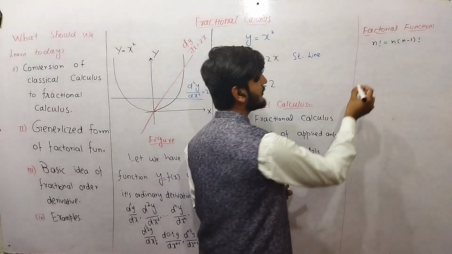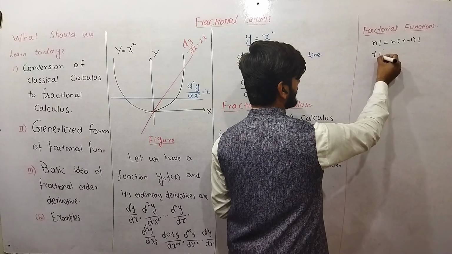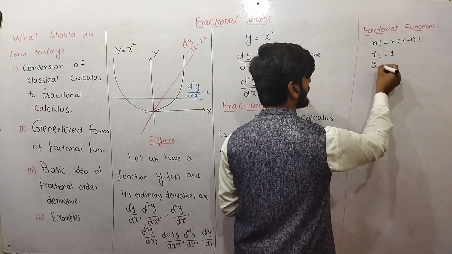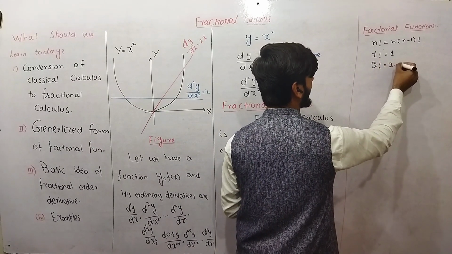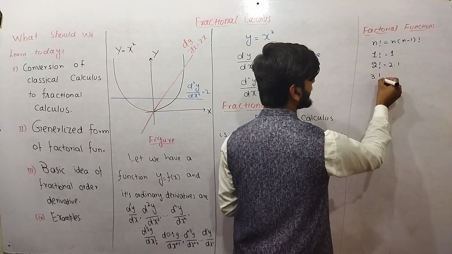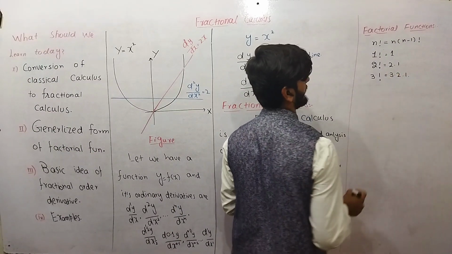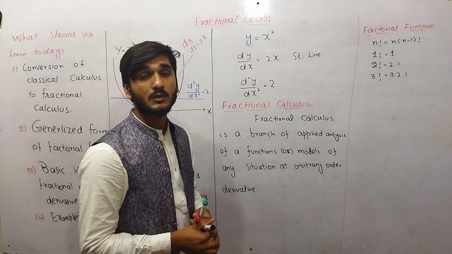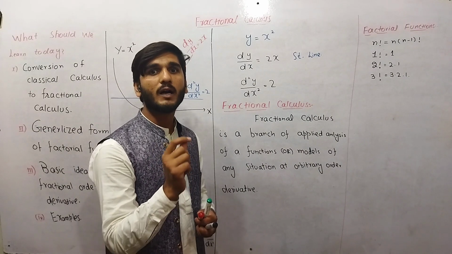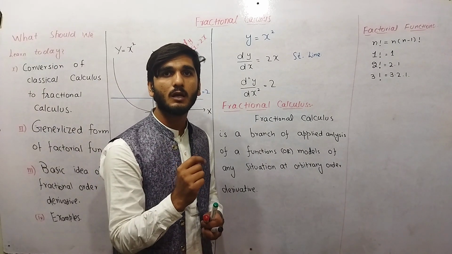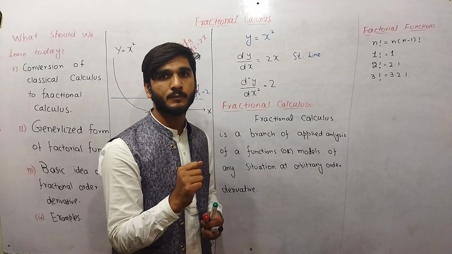For example, the factorial of 1 is 1. The factorial of 2 is 2 times 1. The factorial of 3 is 3 times 2 times 1. Again, the question arises, what will be the factorial of 1 over 2, 1 over 4, or any other number?